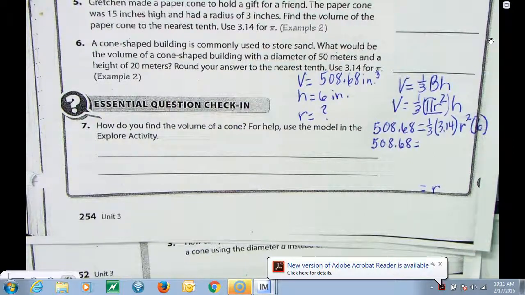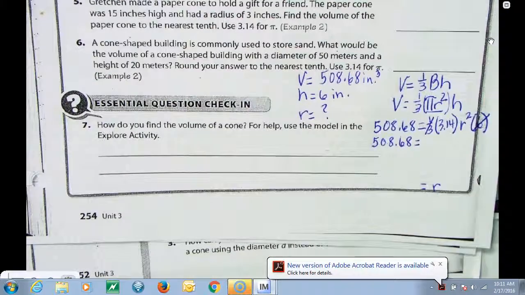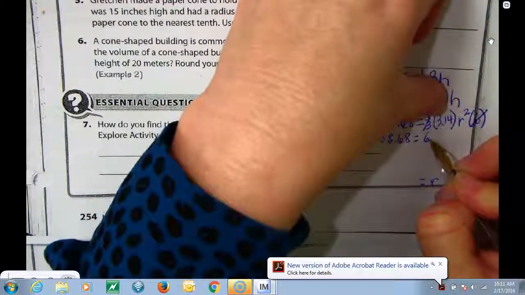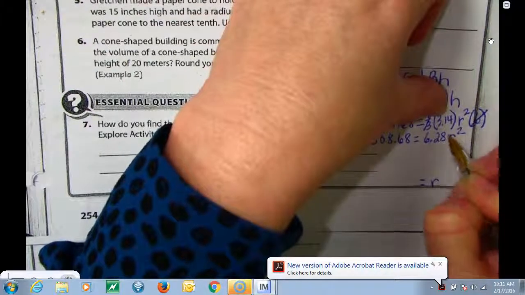But I know that a third of 6 is what? 2. Oh, that's the first thing that I saw. I went, oh, a third of 6 is 2. So I marked that out and put 2 in my brain. So I'm going to multiply 3.14 times 2. Radius squared.